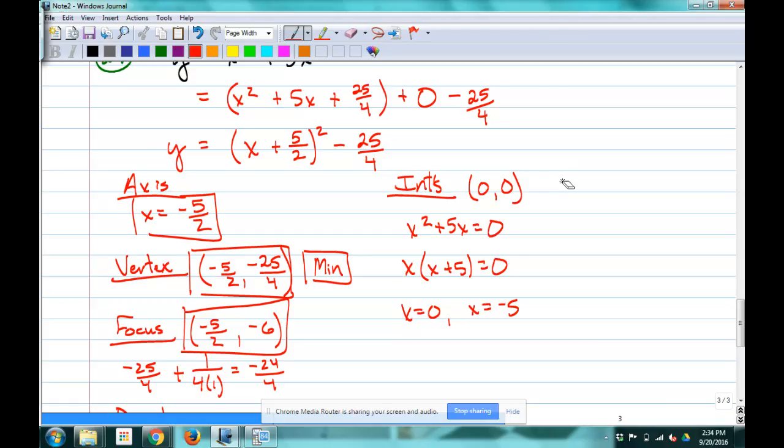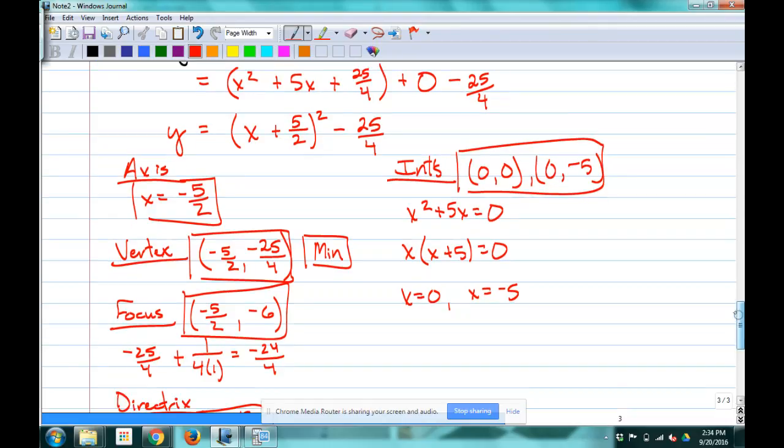We already got (0, 0), and then (-5, 0). So it happens that one of our X-intercepts is the same as our Y-intercept, because it was at the origin, and that's the only place that X and Y are the same, intercept-wise. So we get our intercepts, and then we just need to build a table of X and Y values.